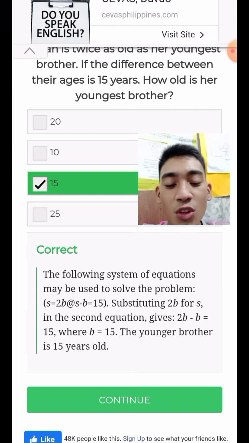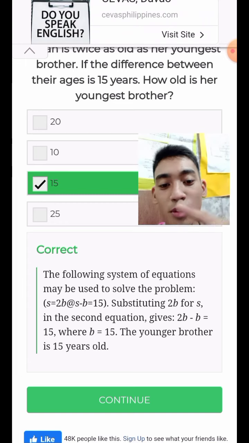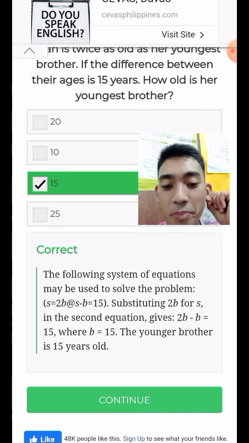So 2b minus b, in our explanation we use x, that is why 2x minus x equals 15, where our x or b is 15. That's the age of the younger brother, which is 15 years old.